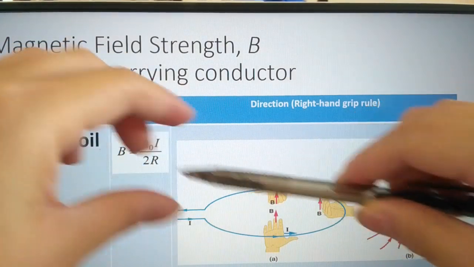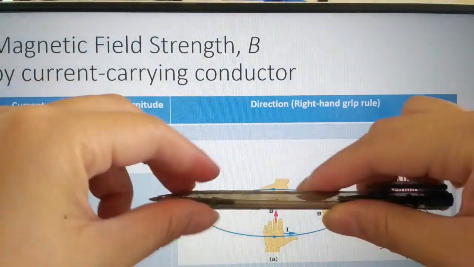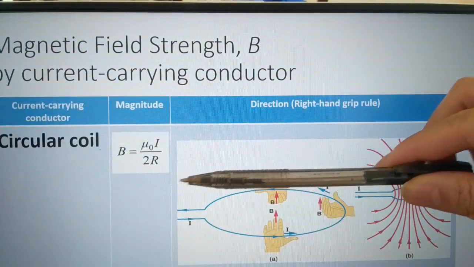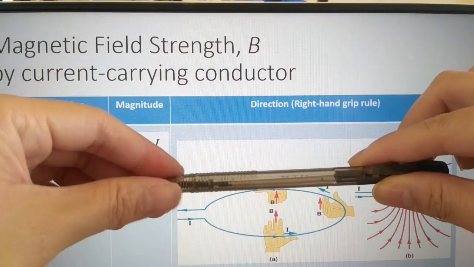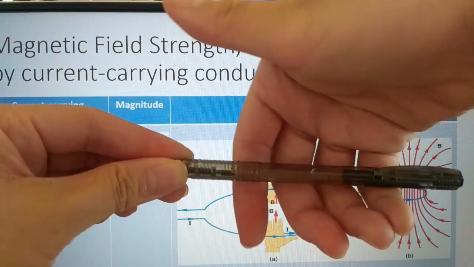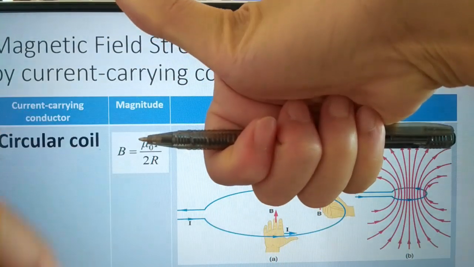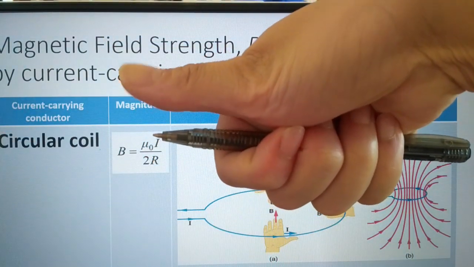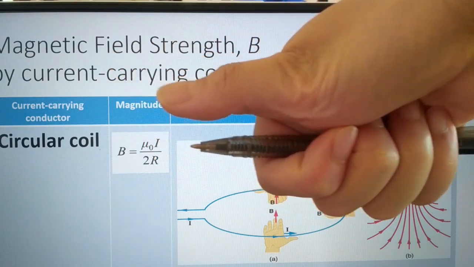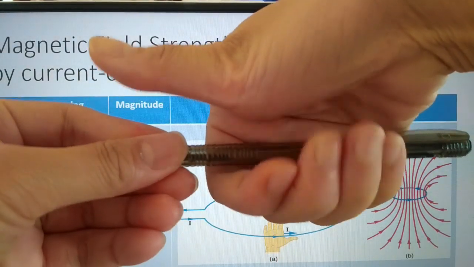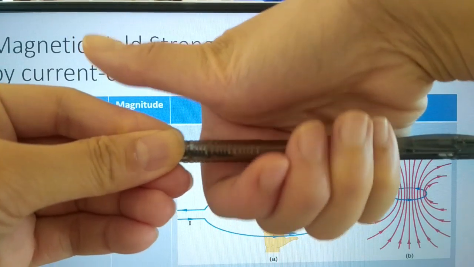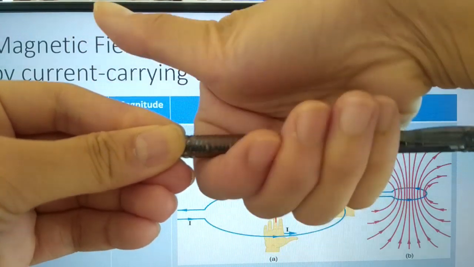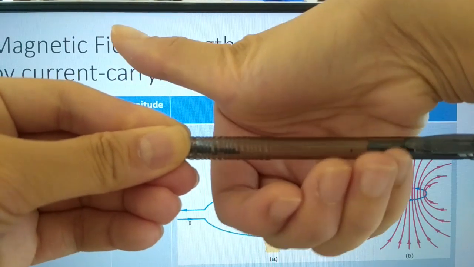What about here, this one here? You can see that your current flow is to the left. Same thing: use your right hand, grip it, and your thumb must follow the direction of your current. Can you see that inside the coil, your magnetic field is pointing up as well?